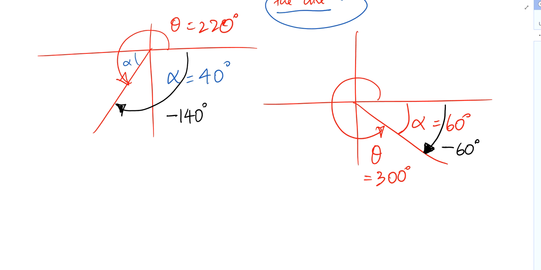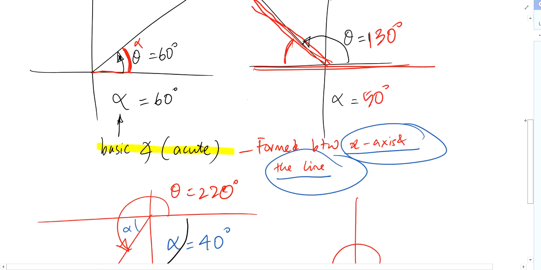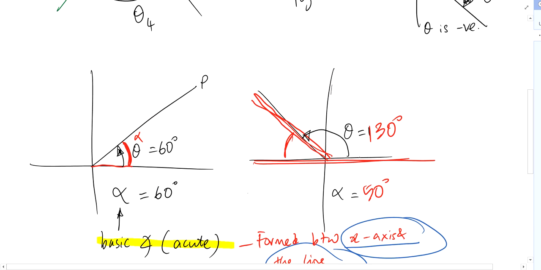The basic angle doesn't change. Now let us move on to the second quadrant. What is this angle over here? Negative 230. What is the basic angle?